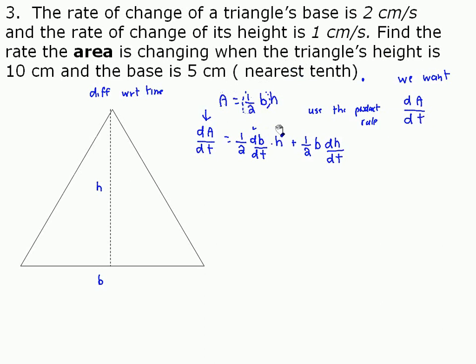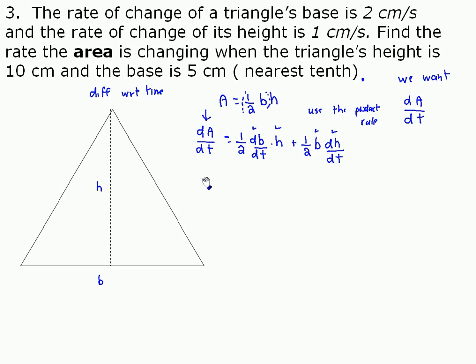It's 10 centimeters, so we have that variable. The base, we also have. We know that that's 5. And dH/dt, the rate of change, is 1. Now, because these values are positive, we know that they're increasing. So if they were negative, it would mean that, say, for example, dH/dt would be decreasing. So they're positive, so they are increasing. So we're all set up.